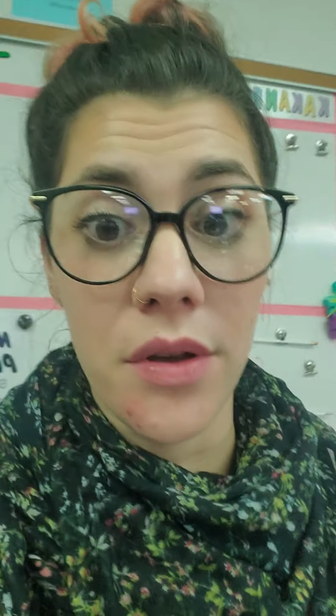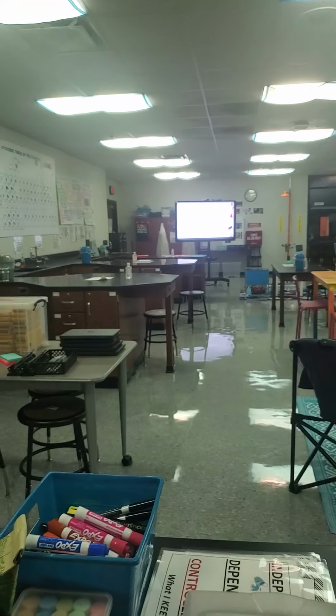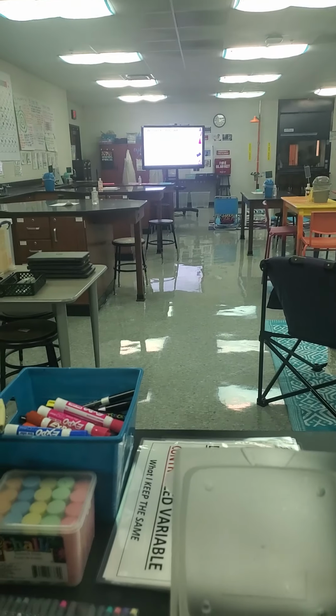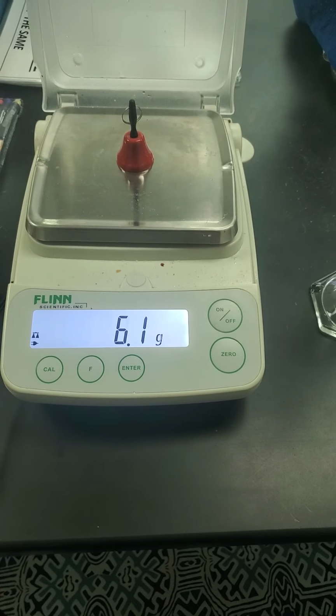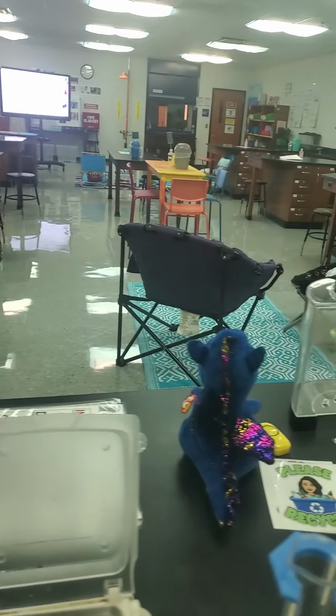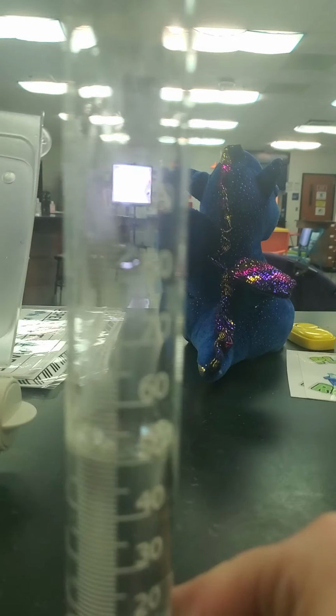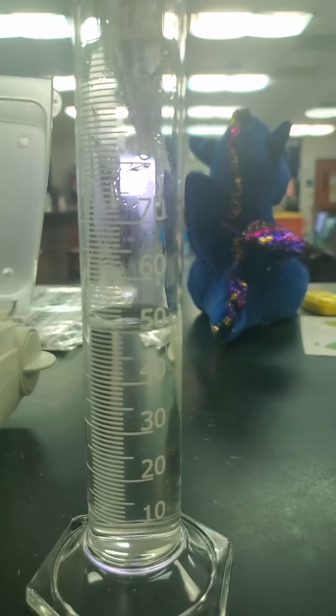Now I'm going to take you through an example of how we would figure out the density of an irregular shaped solid. My irregularly shaped solid is my nice little bell. The first thing we're going to do is put it on the scale. It's 6.1, so that's our mass. Then I'm going to grab my graduated cylinder. You can see that I've already put a certain amount of water in here.